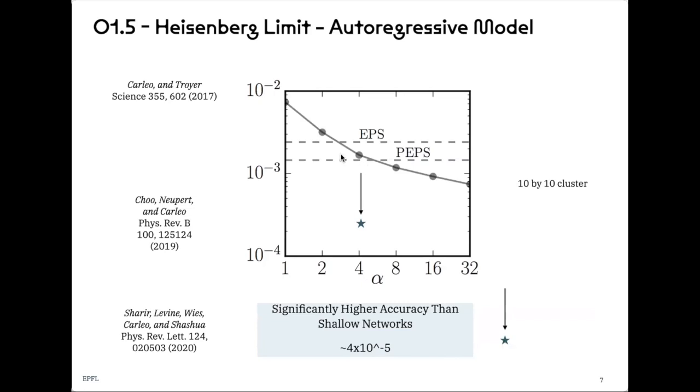And you see an effect because the error is off scale. I put it here exactly because I wanted to show that this is off scale compared to the first. And an error of 10 to the minus 5 is essentially extremely good because this is the error on the energy. So as a rough estimate, you can think that the error on observables will be the square root of this.